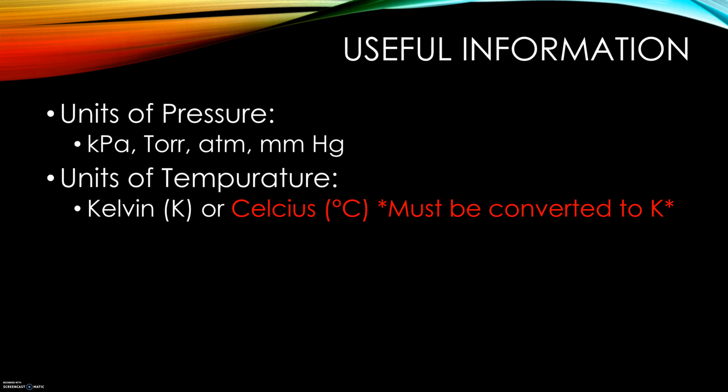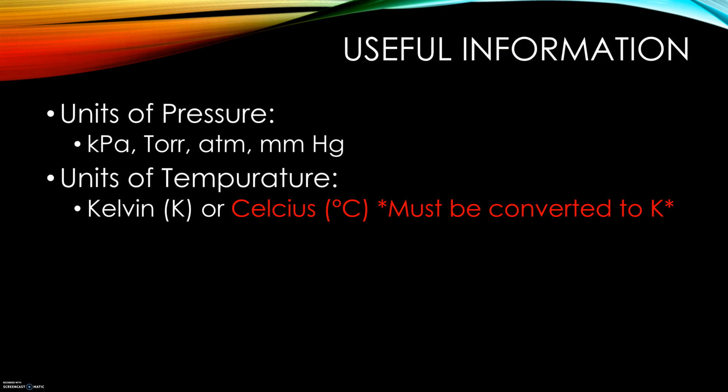When you're given any temperature value such as Celsius or Fahrenheit, it must be converted into Kelvin to make all of these calculations easier. One of the main reasons we must convert into Kelvin is the very nature and properties of the temperature scale, which I'll explain in the next slide.